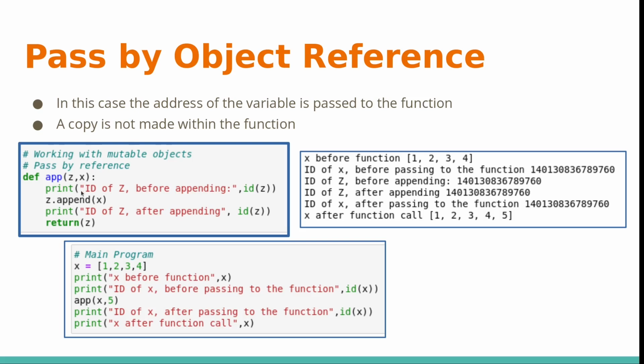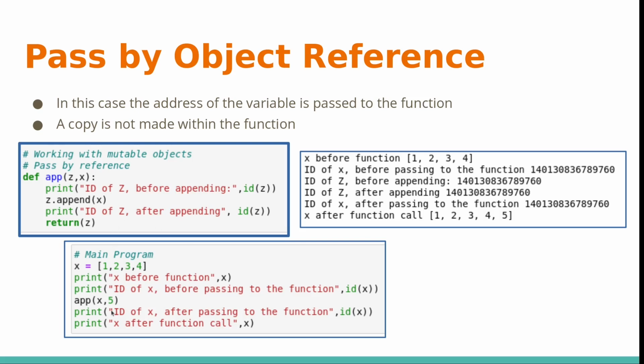And the ID of z before anything happens inside the function is the same address. So essentially, this z and this x are sharing the same address. Now, when I do z dot append x, which is append this value of 5, the address still stays the same.